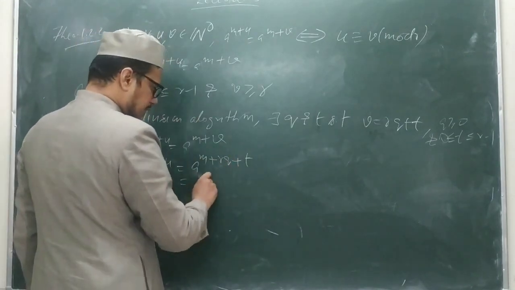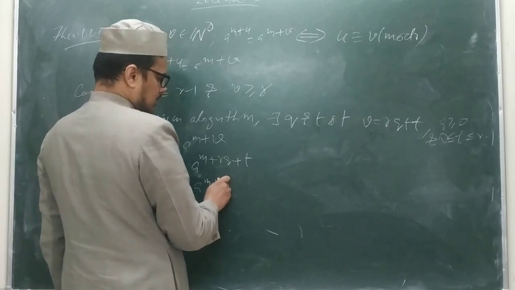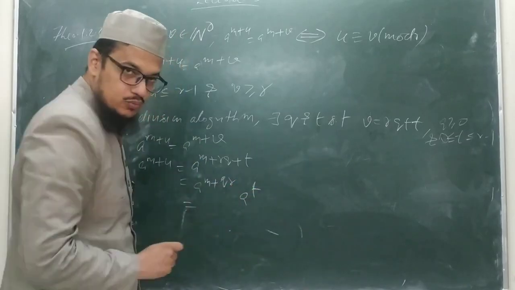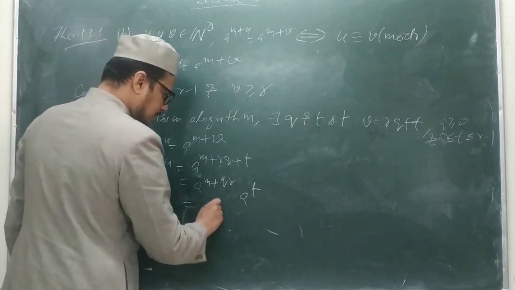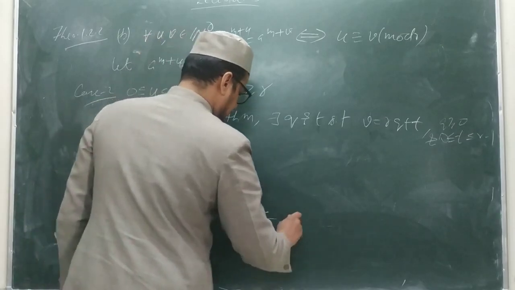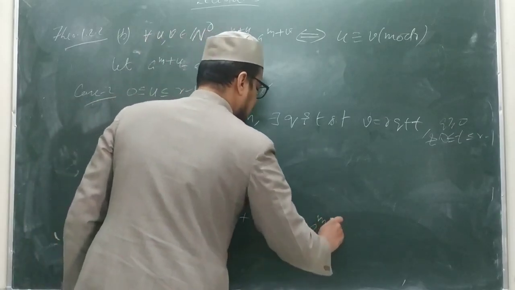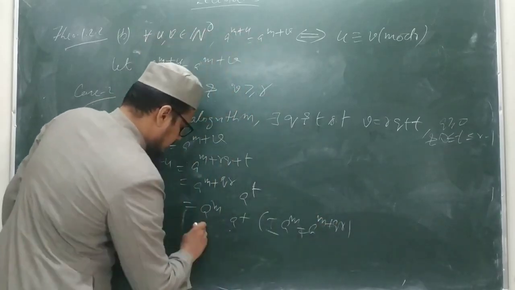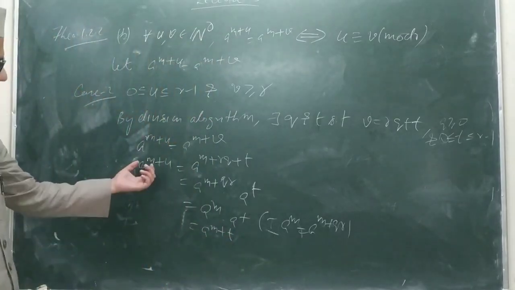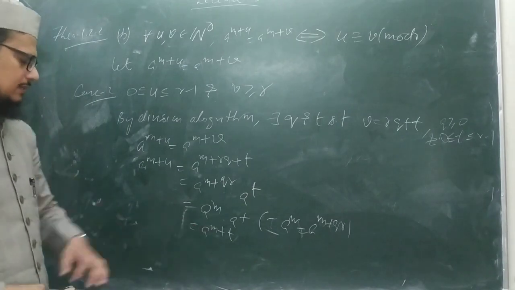This is a^(m+qr) into a^t. What is a^(m+qr)? This is again a^m, since a^m is equal to a^(m+qr), so this is a^(m+t). Now see, a^(m+u) is equal to a^(m+t).